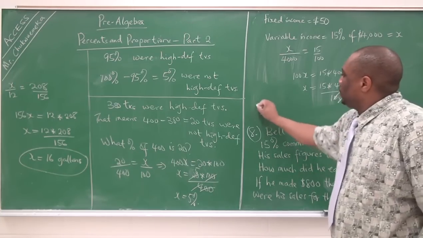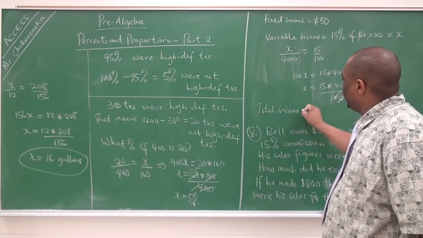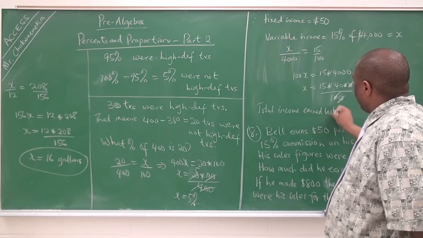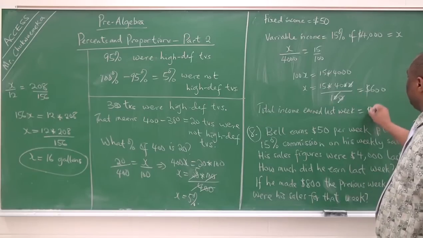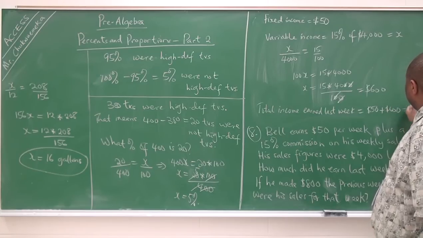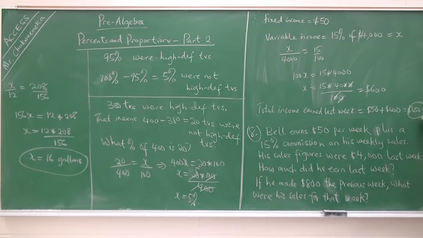So the total income he made last week will be $50 plus $600. And that is $650. That gives you $650.